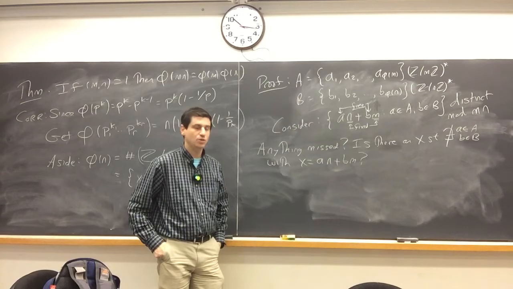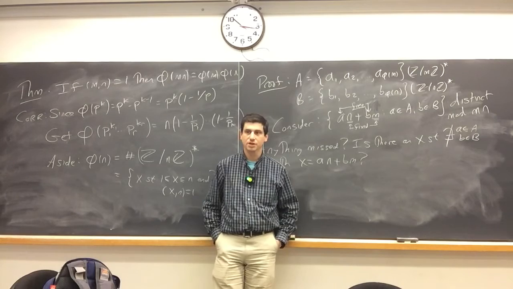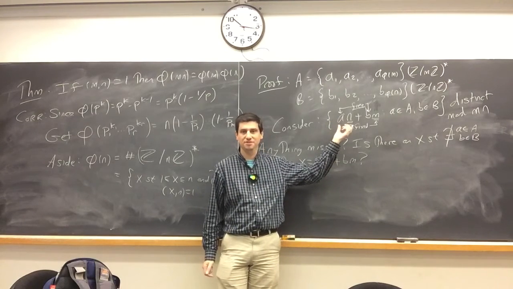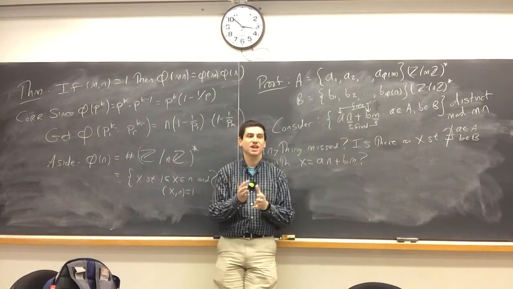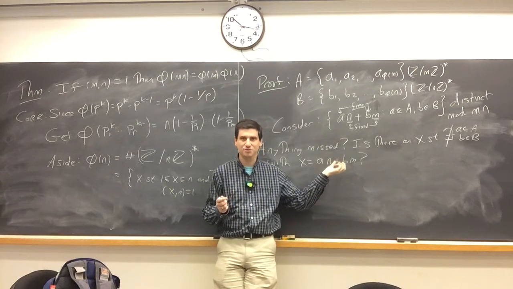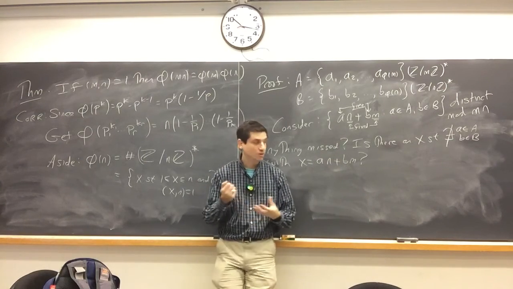Less than mn. Well, it's less than mn, but I need more than just less than mn, because we have mn numbers. How many numbers do we have in this set? Phi. That's much less than mn. So there should be a lot of x that aren't of this form. Which x do I care about? I don't care about a generic x. I care about an x with a certain property. Relatively prime.